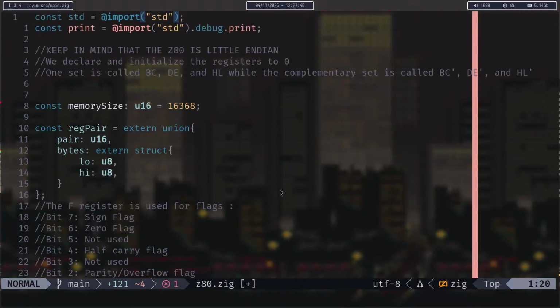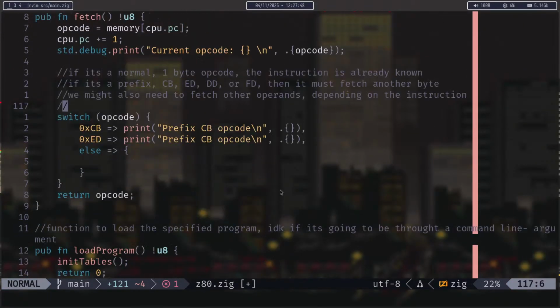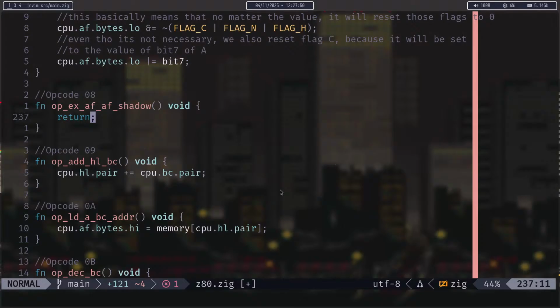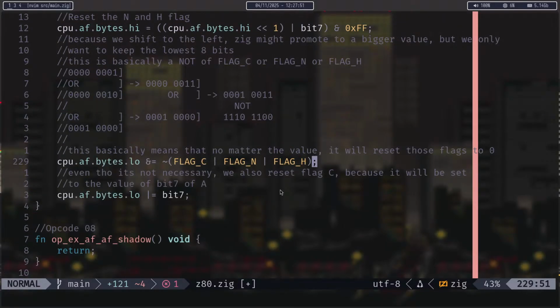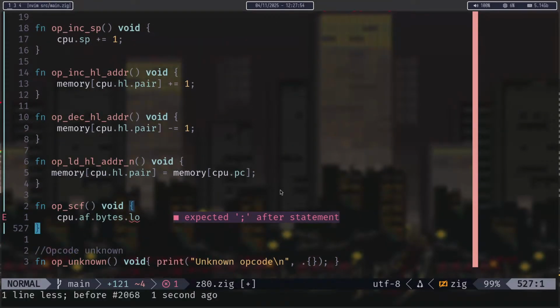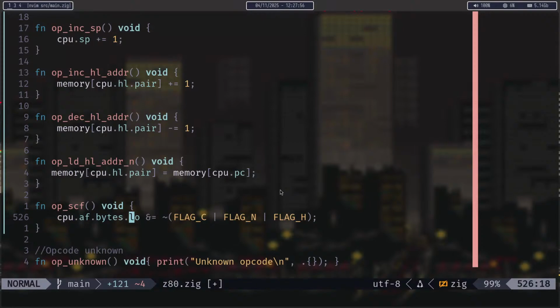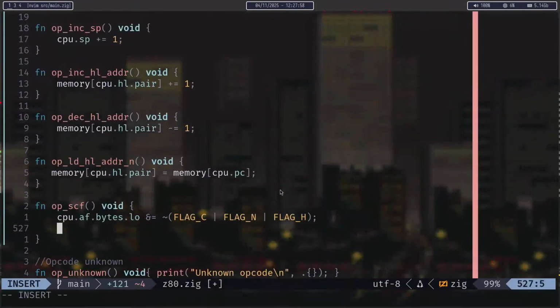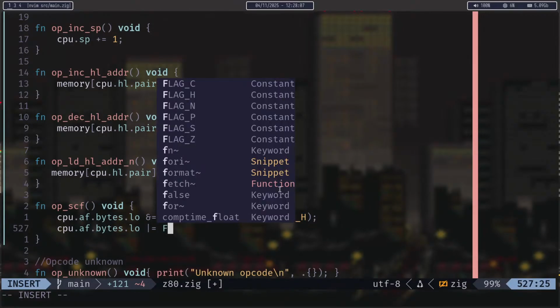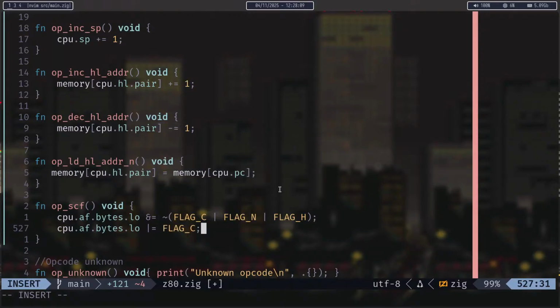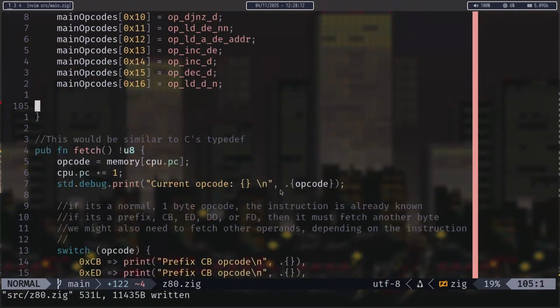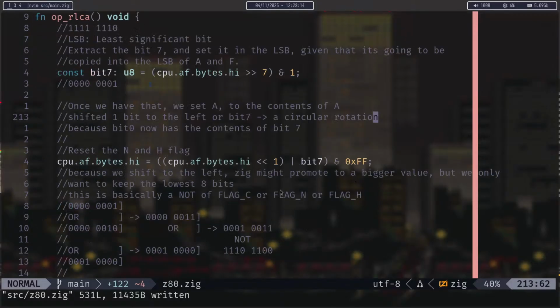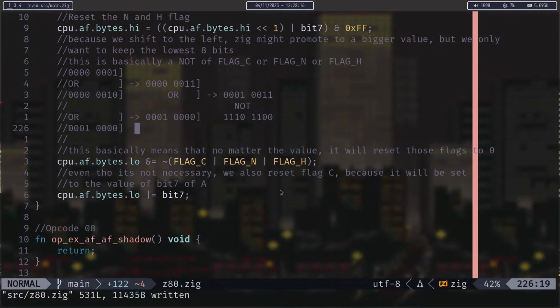Let me actually reset all of them. It's the same way I did this. So the N and the H are reset, and then cpu.af.bytes.low. Sorry, flag. Okay, alright, there we go.